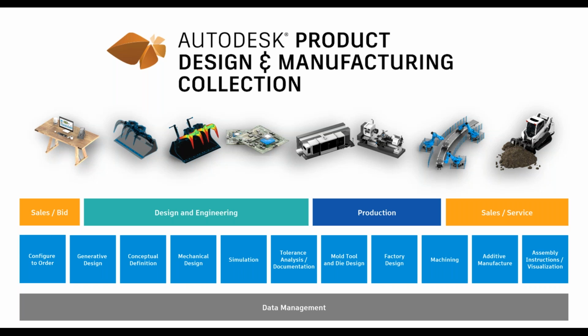It includes the tools you need to design, simulate, analyze dimension tolerances, nesting, CAM, and even do factory layout. And all the data is stored and managed in a secure project. Best of all, the collection is available as a single affordable subscription called the Product Design and Manufacturing Collection.